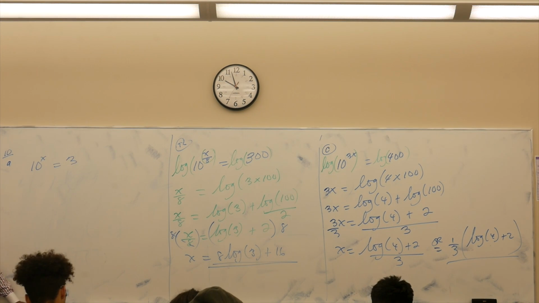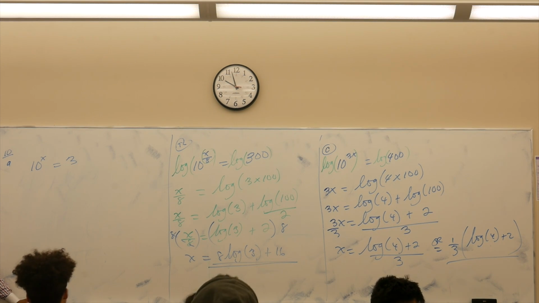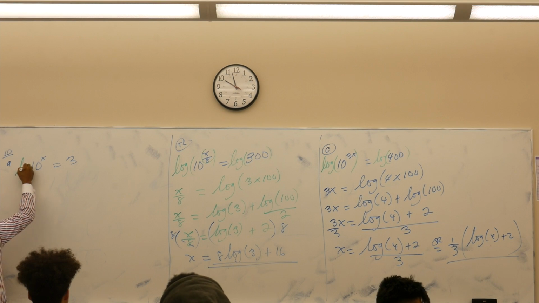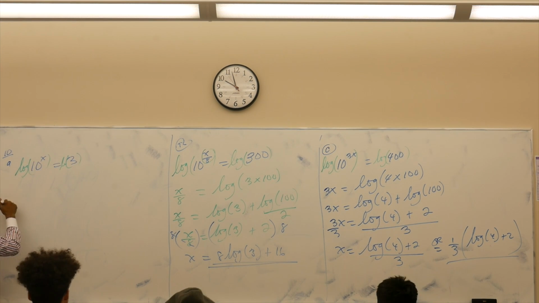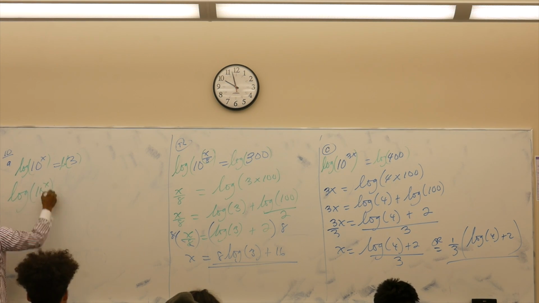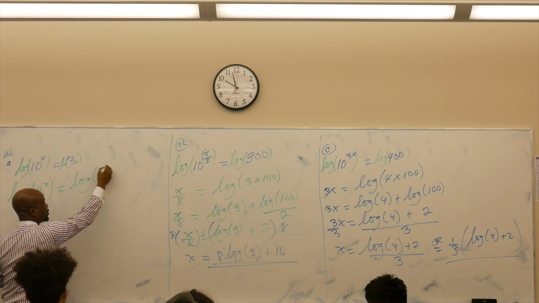Every time we're solving for an exponent, we're introducing a log, okay? So just like we did with number 9, except now they want it explicit in their instructions. This is what we do. So I have the log of 10 to the x is equal to the log of 3.